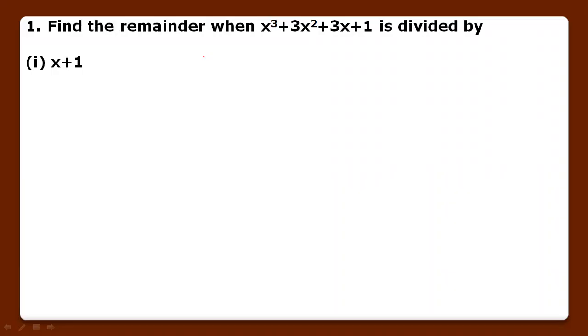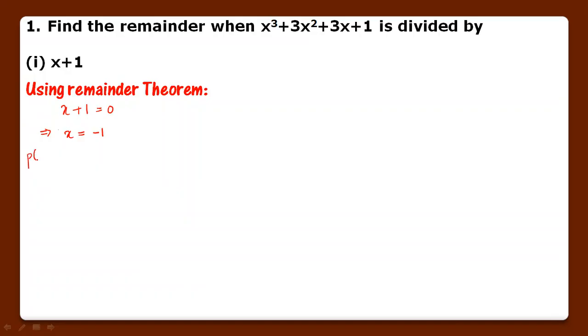First of all, we will write using remainder theorem. Remainder theorem के through हम remainder find out करेंगे. According to that theorem, हम x plus 1, means जो हमारा divisor है, we'll put it equals to 0. Implies x is equals to minus 1.